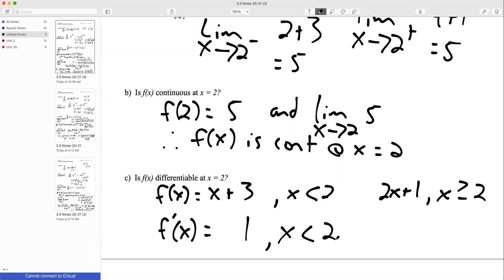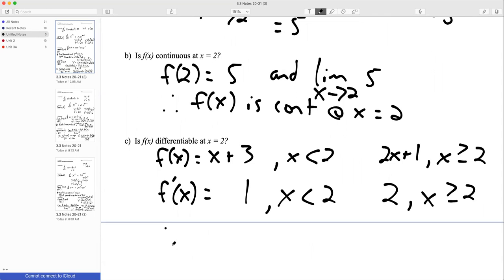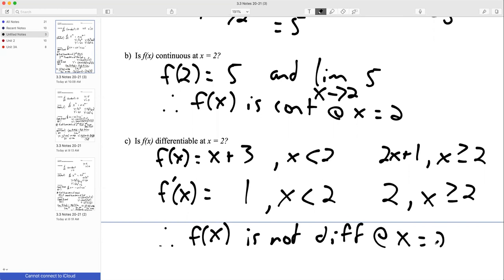And what's the slope over here? 2. For x greater than or equal to 2. And the last thing I'm going to say, therefore, f of x, oops, not f of 2, f of x is not differentiable at x equals 2 because my slopes on both sides are not equal to each other.